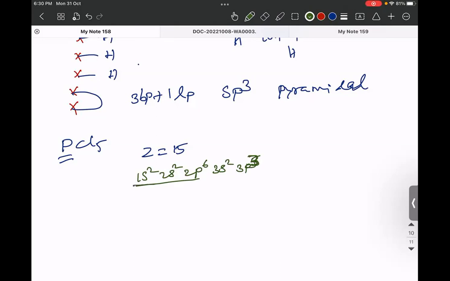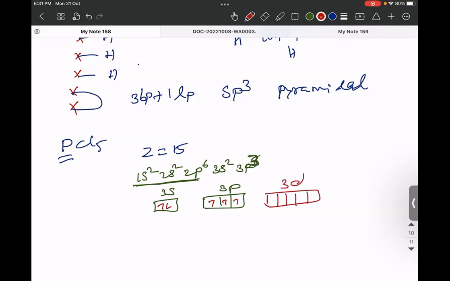So this will be the inner side. This is the valence electron: 3s2 and 3p3, so 1, 2, 3, 4, 5. Now only 3 atoms are attached, so the next empty orbital is the d orbital, 1, 2, 3, 4, 3d orbital.